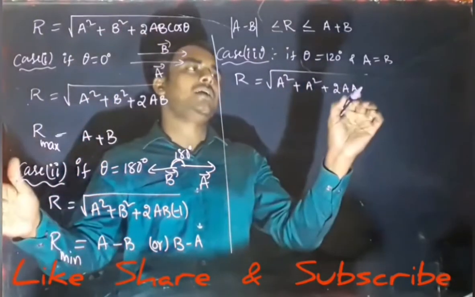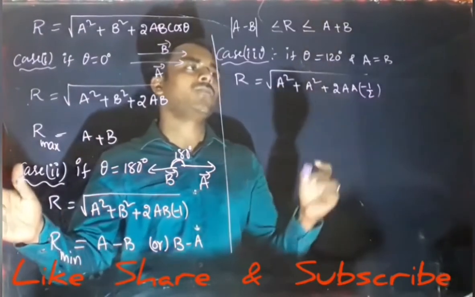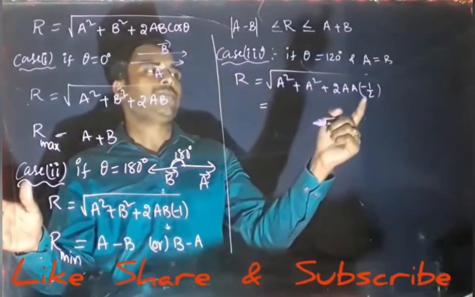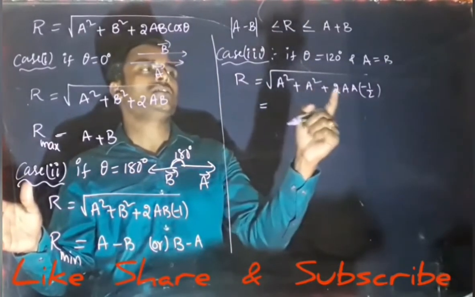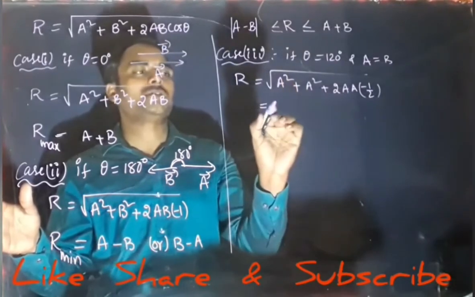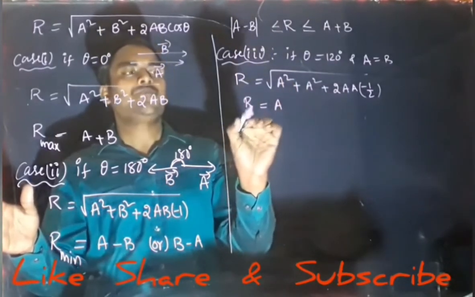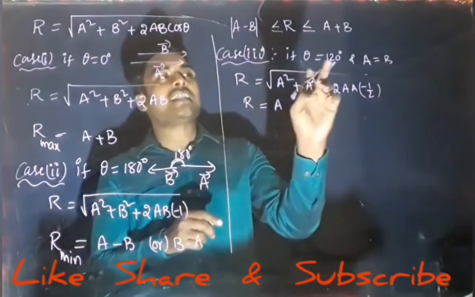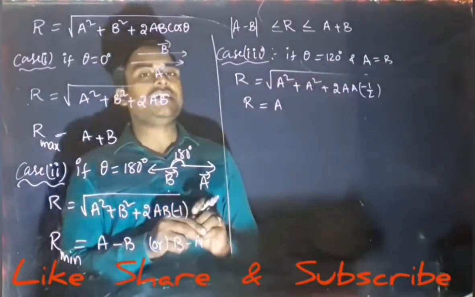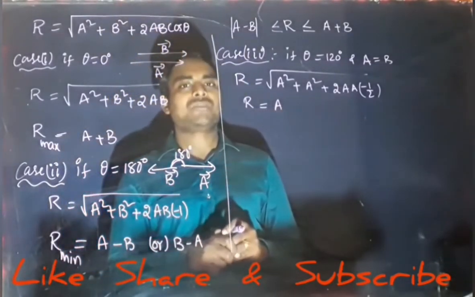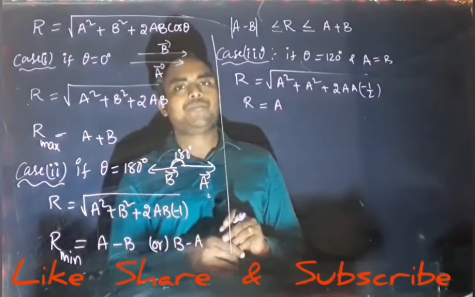Cos 120 is minus 1 by 2. So the 2 gets cancelled and we get minus A square. So A square minus A square cancels, and the square and root cancel. So we will get simply A. So if A and B, two vectors, are equal in magnitude and they are at an angle 120 degrees, then the resultant is also equal to A.